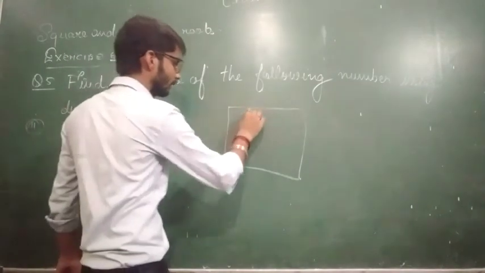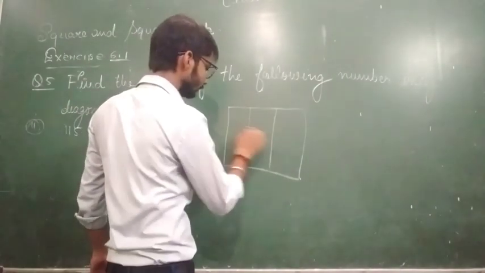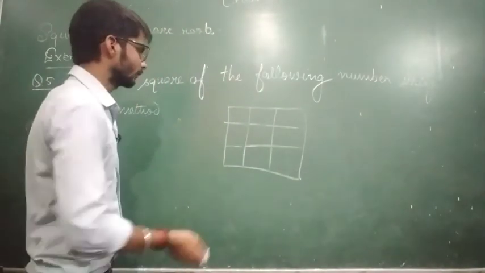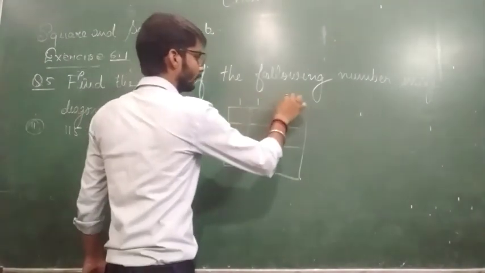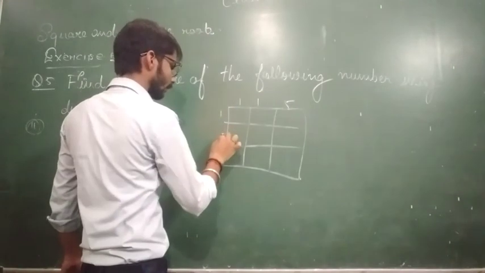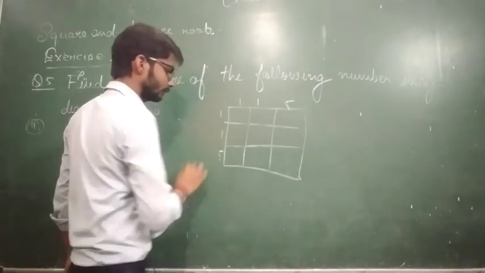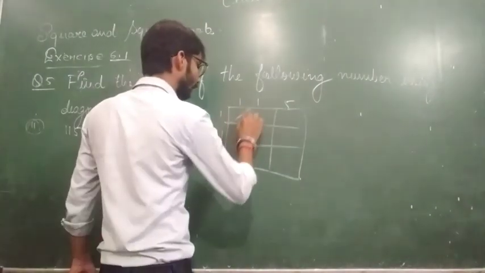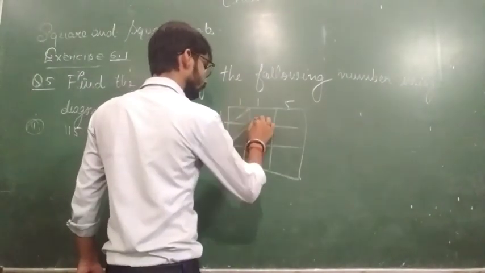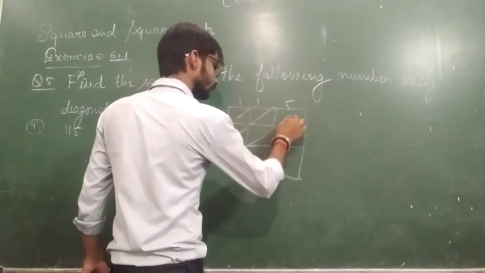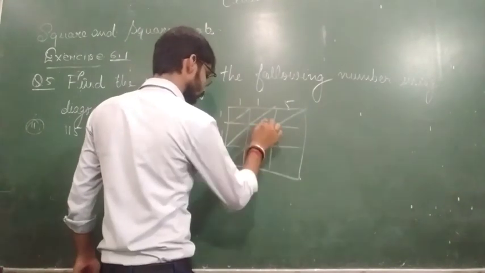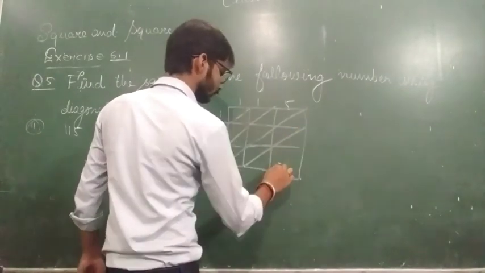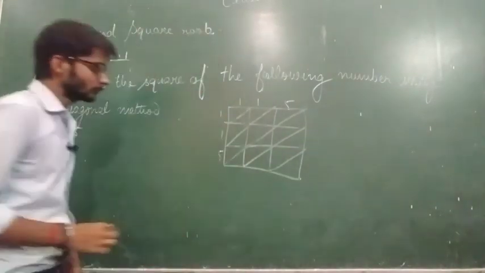Here the digits are 1, 1 and 5. Now make the diagonals of each part.